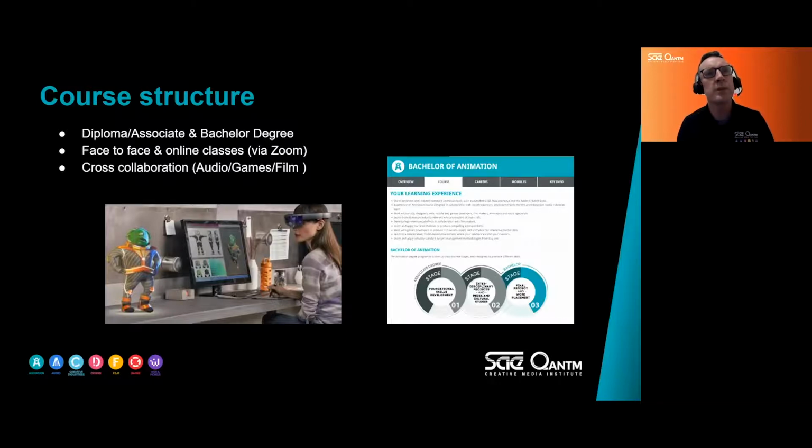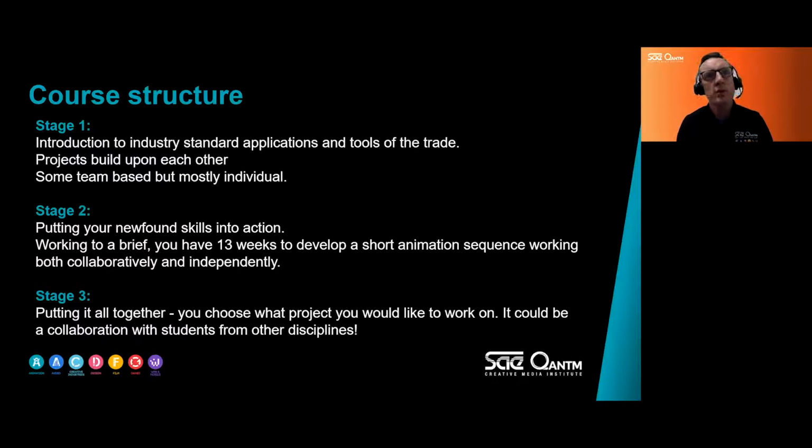Now let's talk about the actual stages of the course. There are three main stages. Stage one is where you start out, you're new, you're fresh, everything's new. So we introduce you to the tools of the trade that you'll be using. Remember, they're industry standard tools.